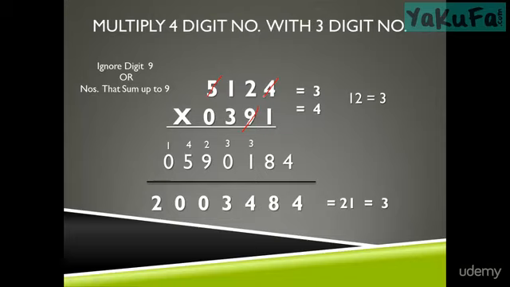If in some other question you get a 9 in the answer, or numbers whose sum is 9, then you can eliminate them. You can apply this rule not only to the question but to your answer as well, and this really saves a huge amount of time.